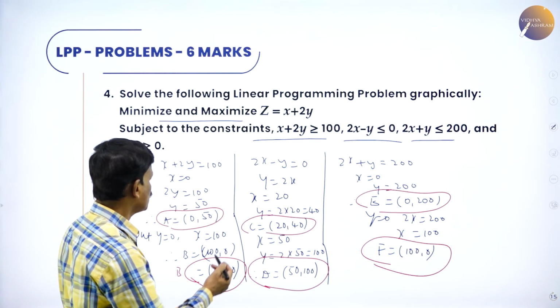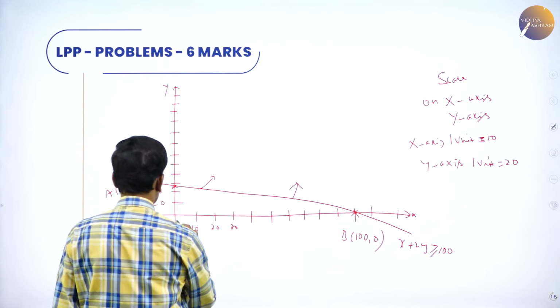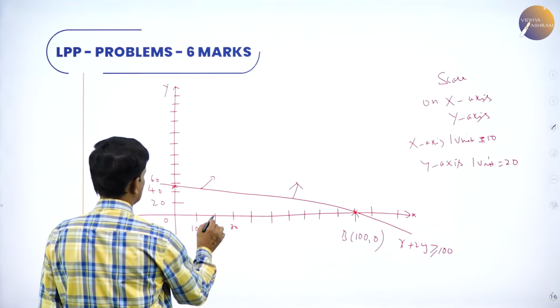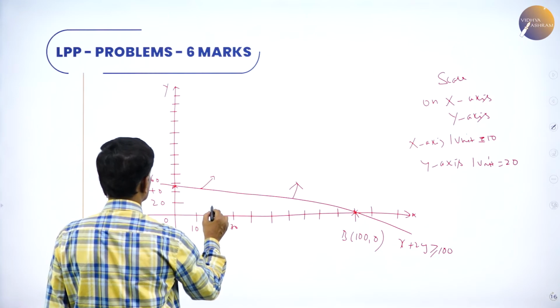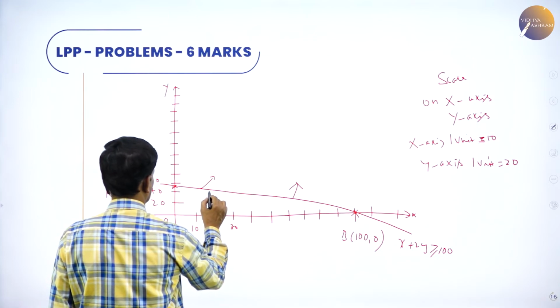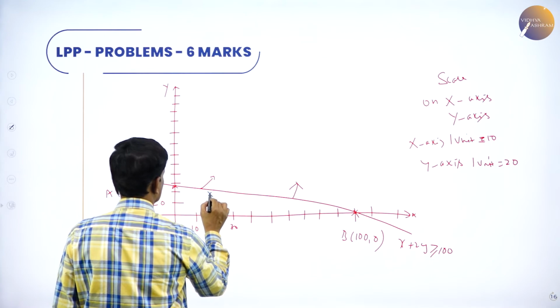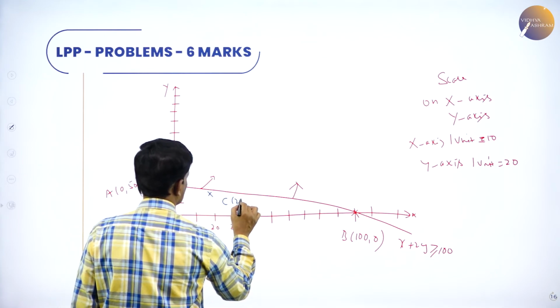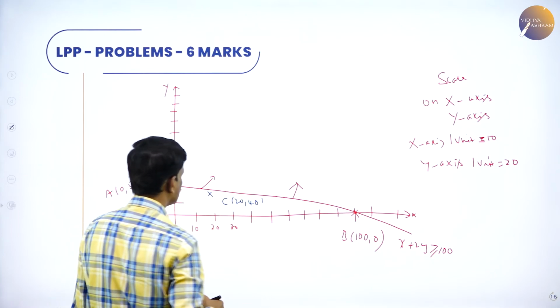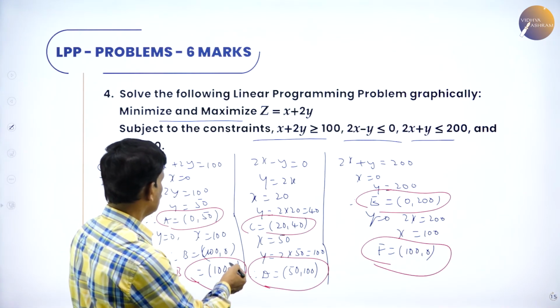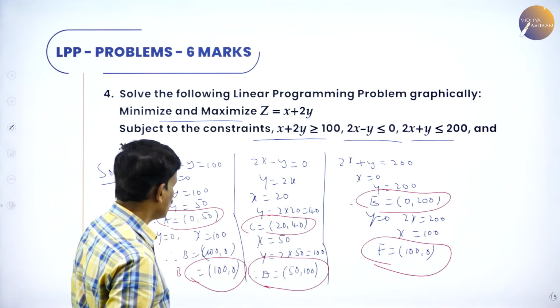What is C? 20 comma 40. X is 20, y is equal to 40. So you are going to get a point here. This is C, 20 comma 40. Next, D: 50 comma 100.